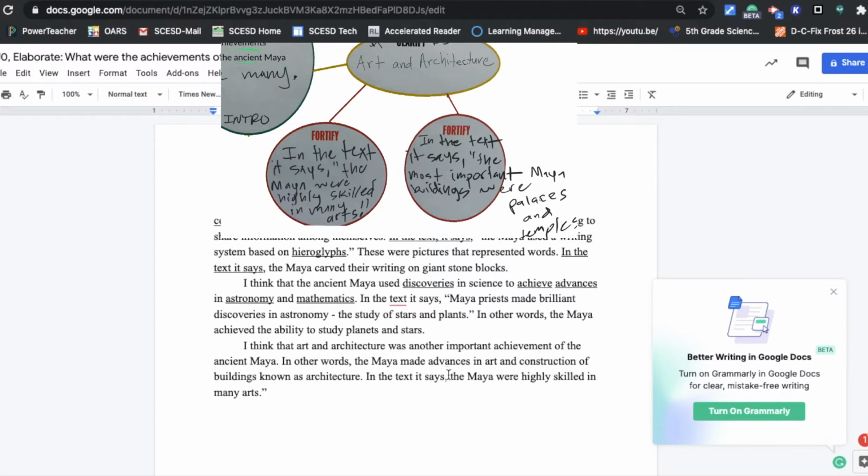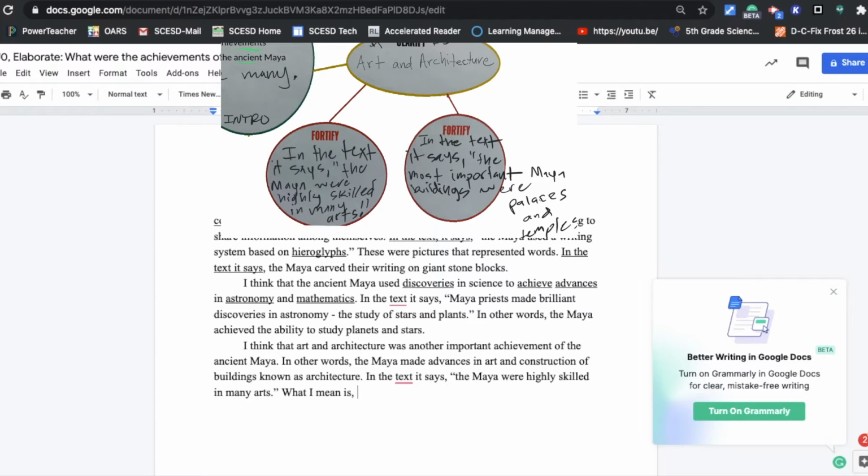And let's make sure that we have, this is directly from the book, so we want to make sure that we have the open quote and the end quote here. What can we say about that? What I mean is, this is just coming straight from the yellow Hawk Talk card. What I mean is, what do I mean? The Maya were highly skilled in many arts.